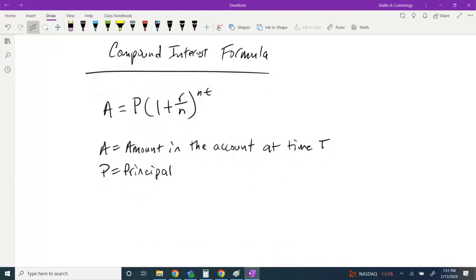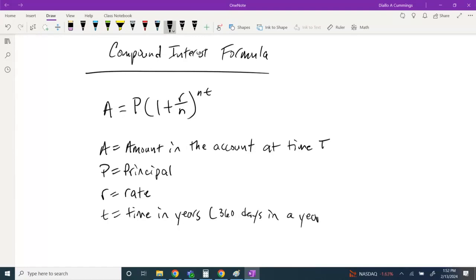That's the money invested or the money borrowed. R is still the rate. T is still the time in years, right? So if you're given days, you have to divide by 360. So that still applies for these formulas.